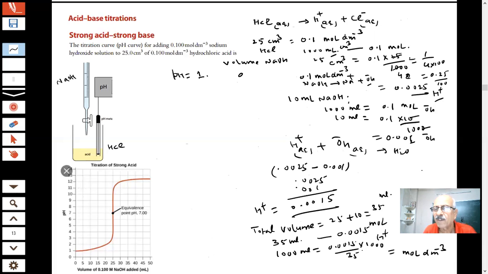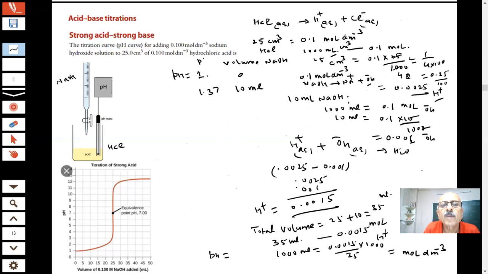Once I get this, I can find the pH. If you do this calculation with your calculator, when I have added 10 milliliter of NaOH, the pH changes to 1.37.